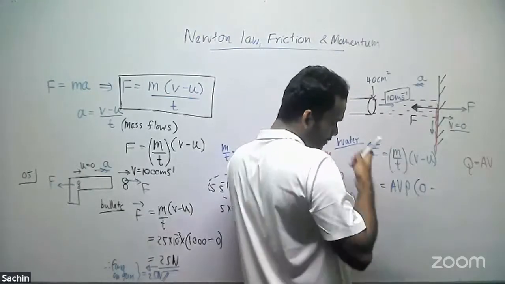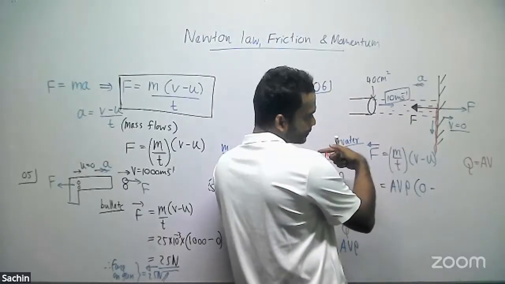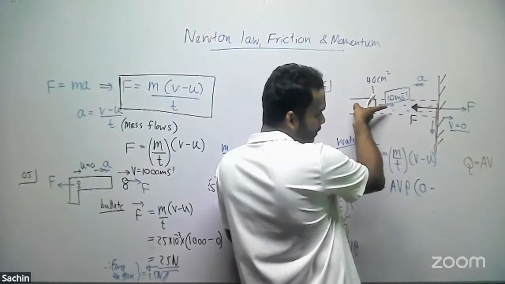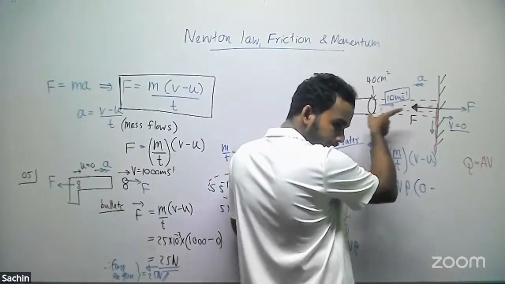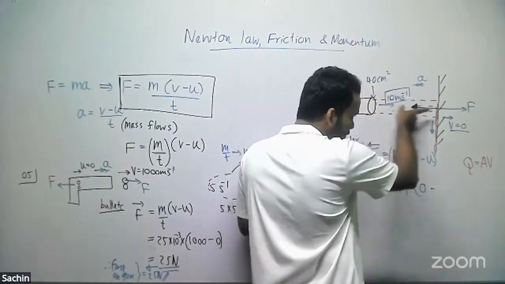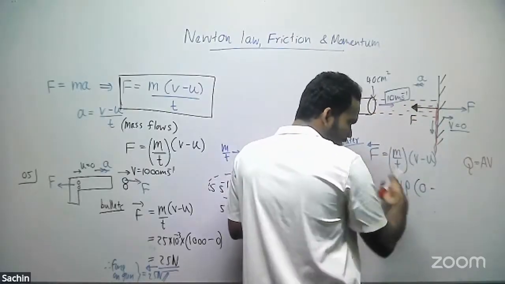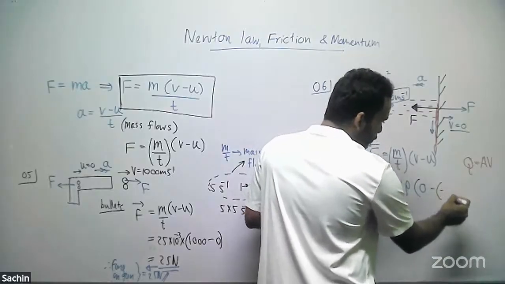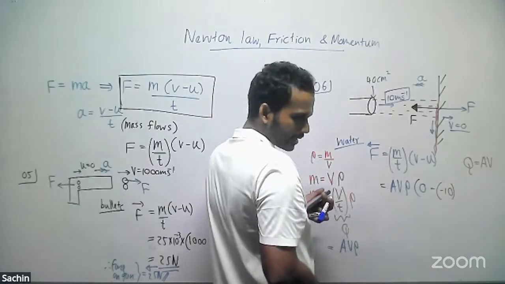Here I'm applying this equation to this direction, but the initial velocity is acting in the opposite direction. Right? Initially the water jet flows this way, before hitting. Now I'm applying the equation to the other direction. So when I'm applying the value for the initial velocity, I have to apply it with a minus sign.